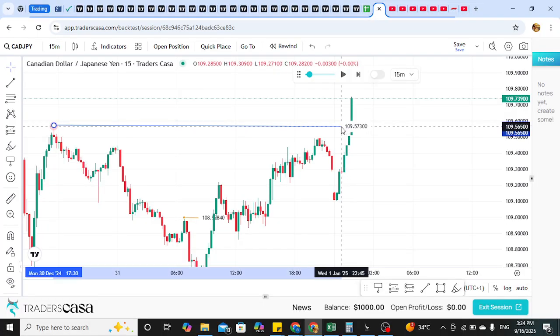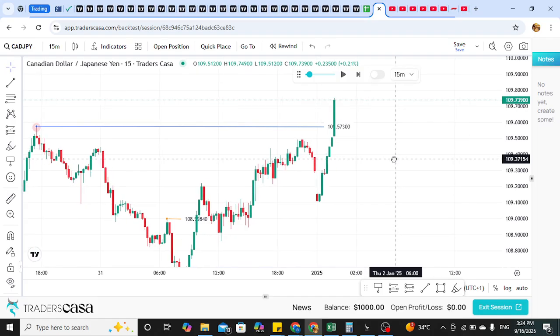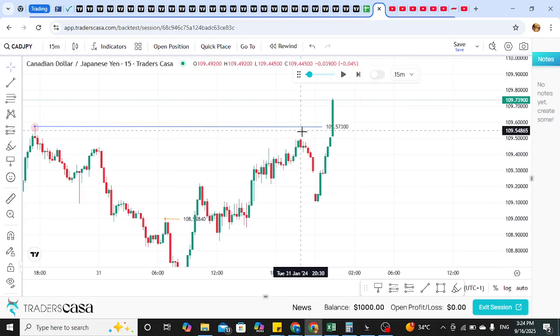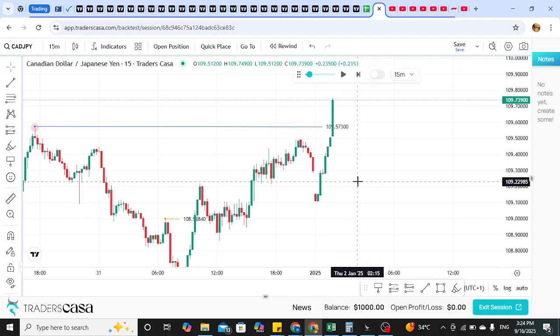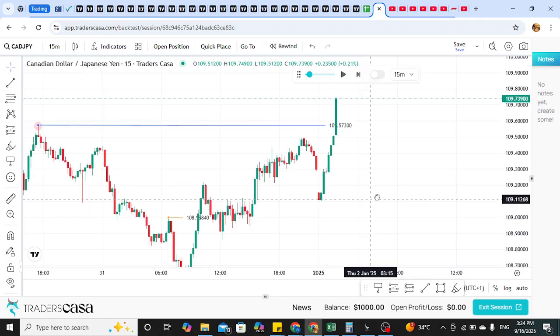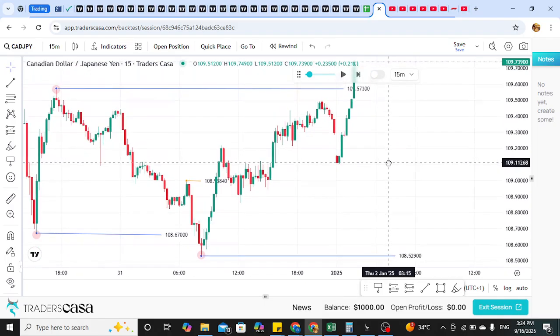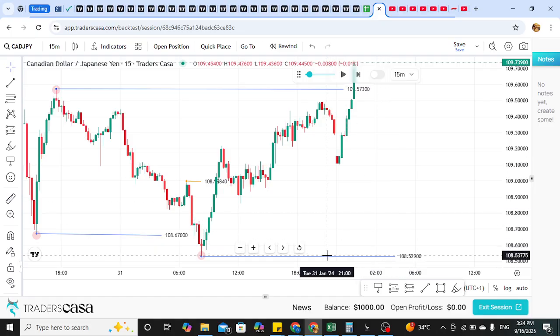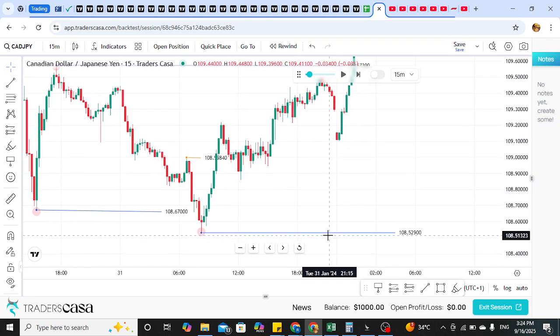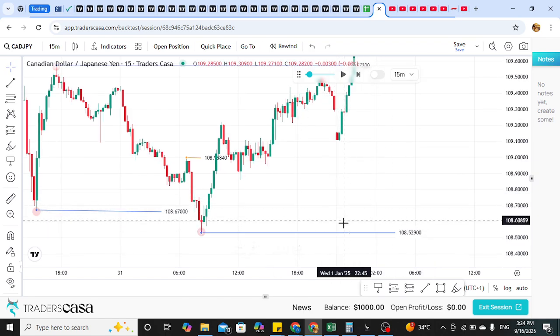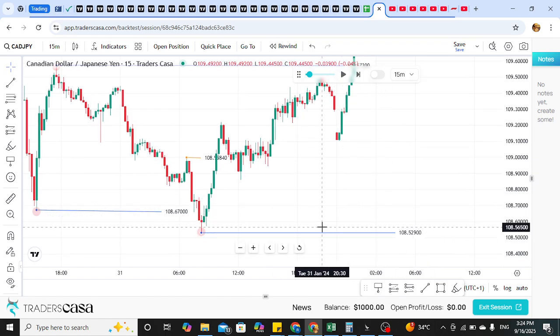Okay, so now this is pulled back as a break of structure, BOS. And now we have a new, in the break of structure, we keep the low. I mean, whatever direction it is, we keep the other part, which is the low in this case.